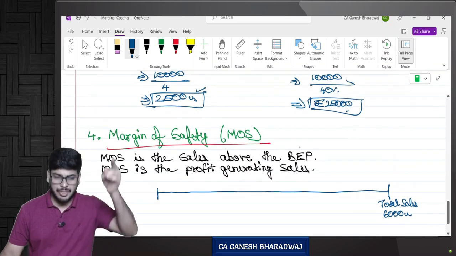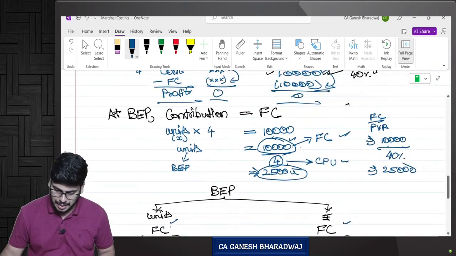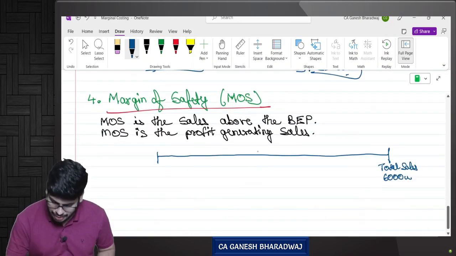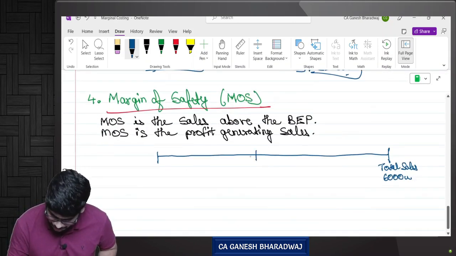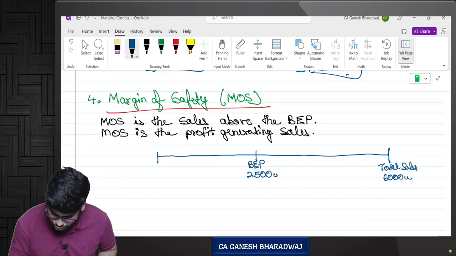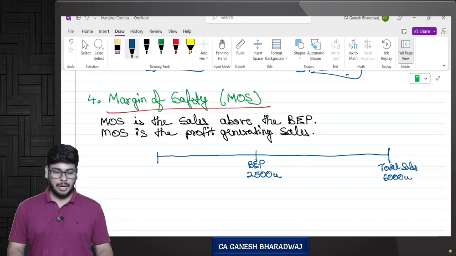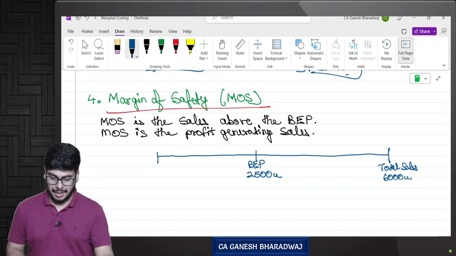Now, we just found out the break-even point. Break-even point is how much? 2,500 units. Correct? Yes, right. So now, what has happened?